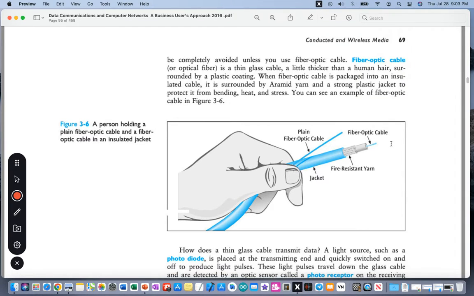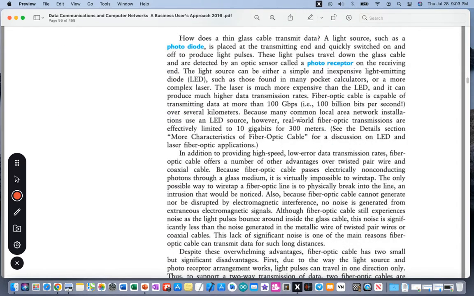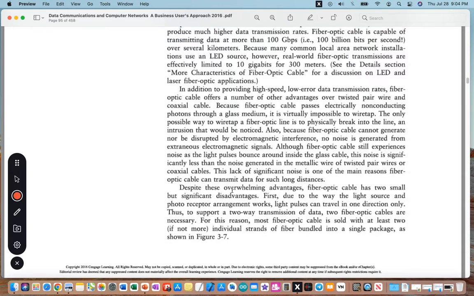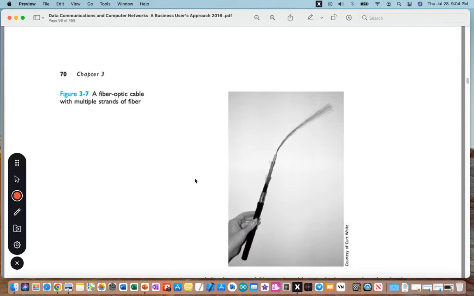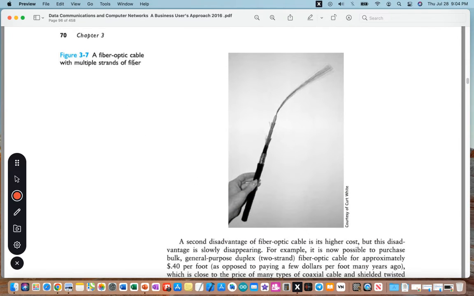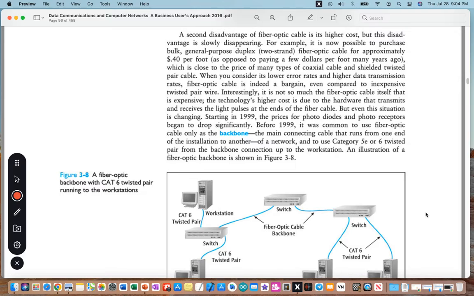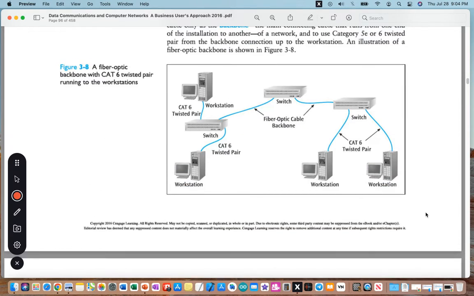And of course, the insulated is protected, but it's more expensive. And we have the two types, the photodiode type that has a photoreceptor, and we have the laser type that it's much better, of course. And we have the fiber optic cable with multiple strands, just like this in the picture, like many cores, many transmission mediums.